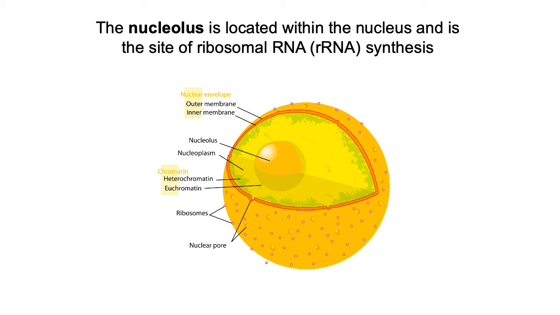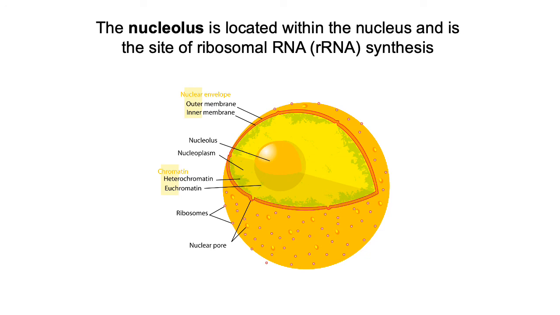But if you look sometimes at a microscope picture of the nucleus, you can see a dark spot within the nucleus, and that's the nucleolus. What that region of the nucleus does is it helps make the parts of ribosomes. We'll talk about ribosomes in the next video, but ribosomes are the little protein-RNA combination machines that help make proteins.